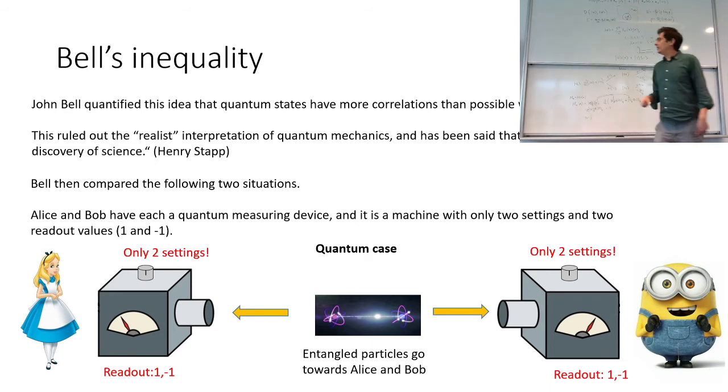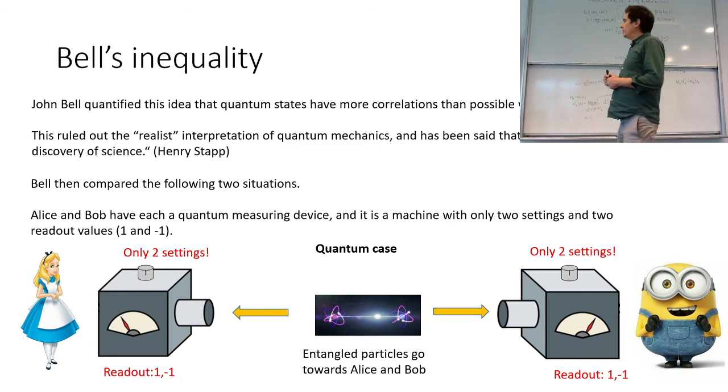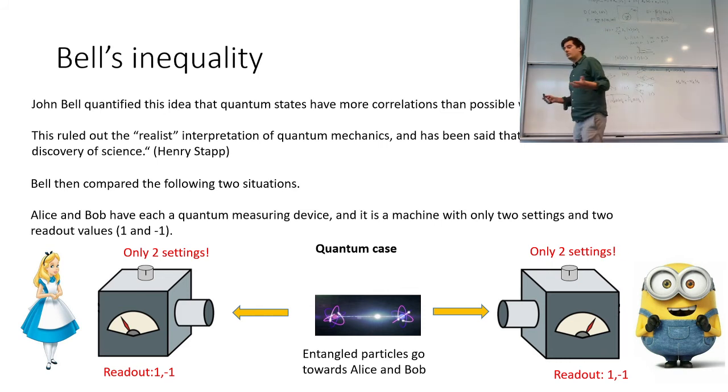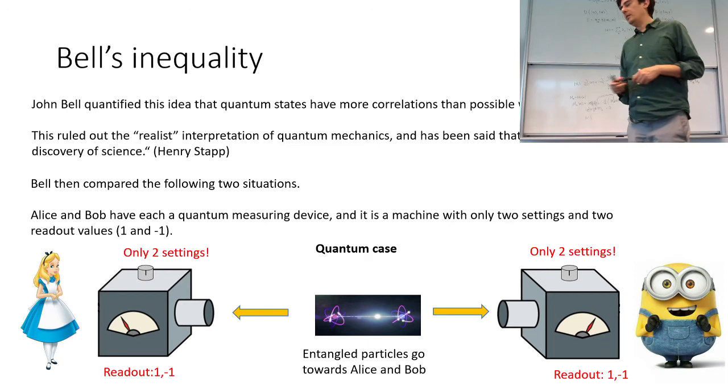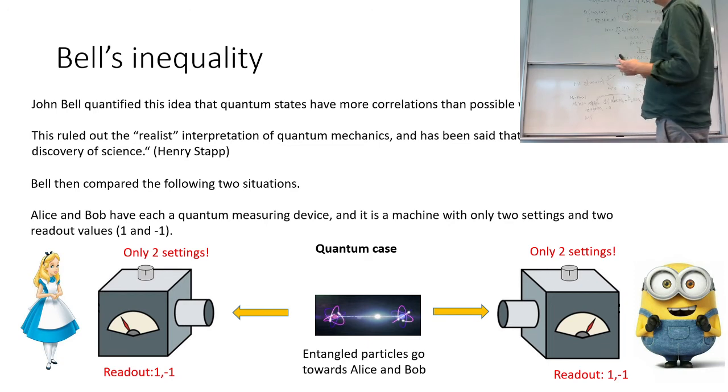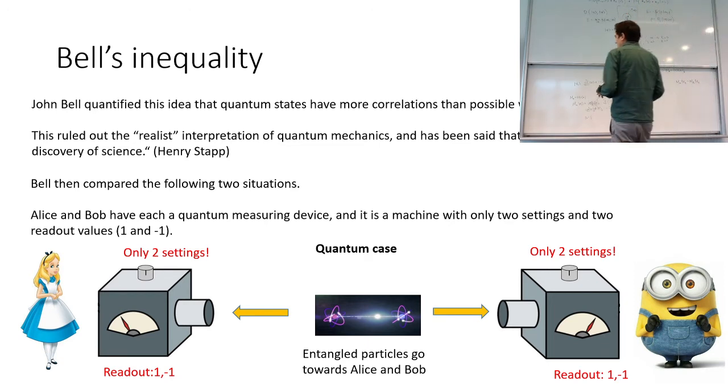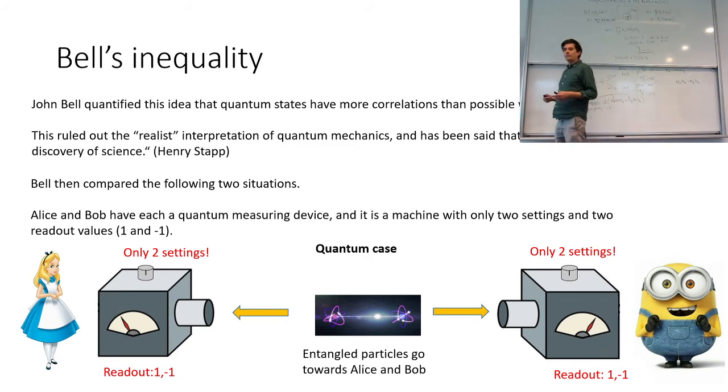So there's a way of mathematically showing, actually quantifying, this kind of effect that quantum mechanics has more correlations than is possible with classical physics. There's a way to quantify this.